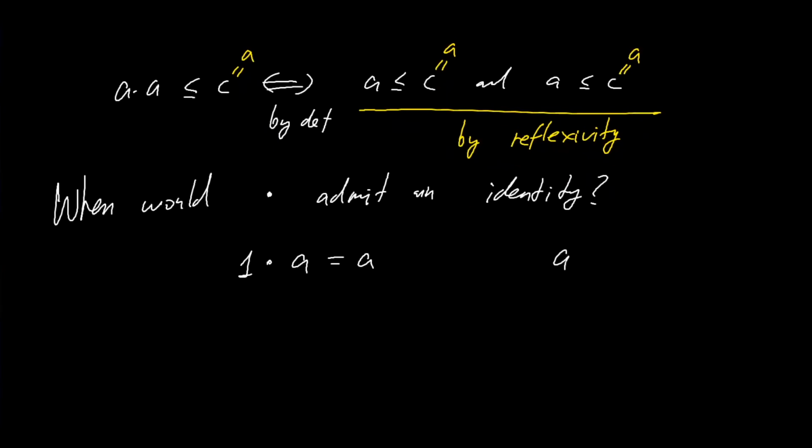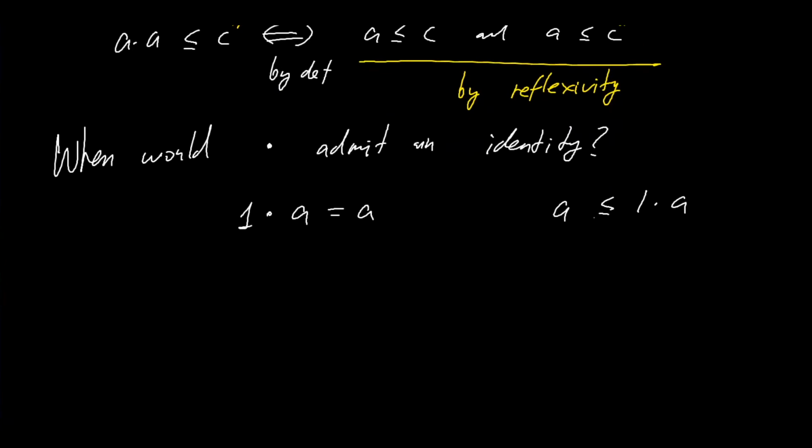Now, we do know that A is always less or equal to anything times A, right? So this is not the crux of the matter here. It's this other inequality that matters, because this one always holds. And we can expand this other inequality by definition of dot. It means that 1 is less or equal to A, and A is less or equal to A, right?